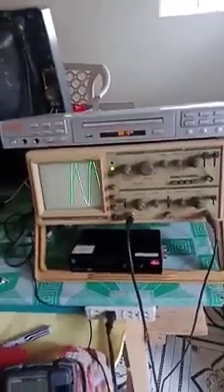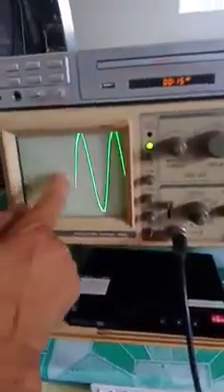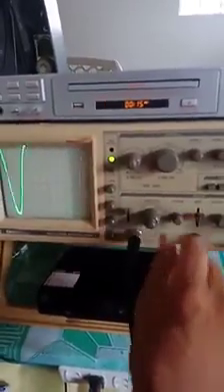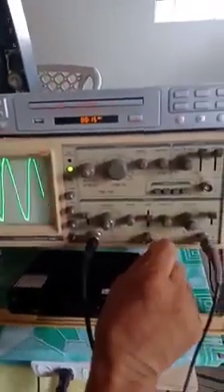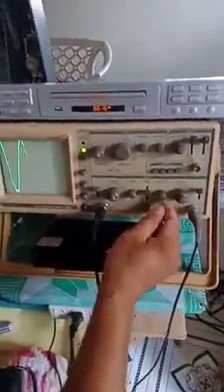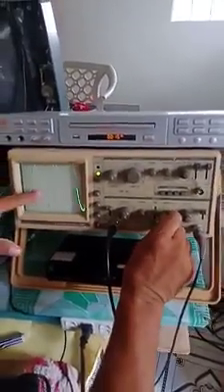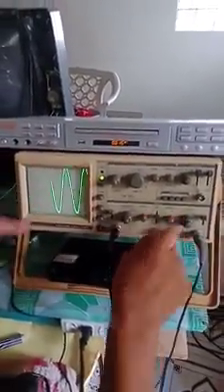Okay. And to get the frequency, we need to count the divisions on its horizontal axis. So, let us move. We have here a control that positions the image vertically.